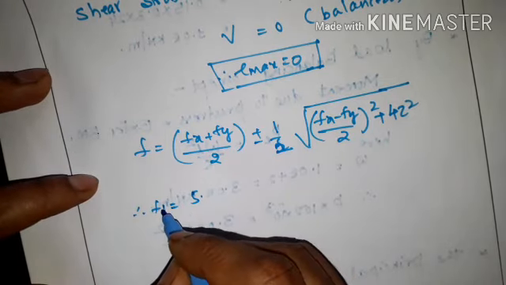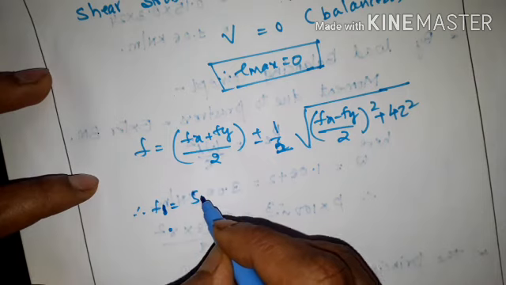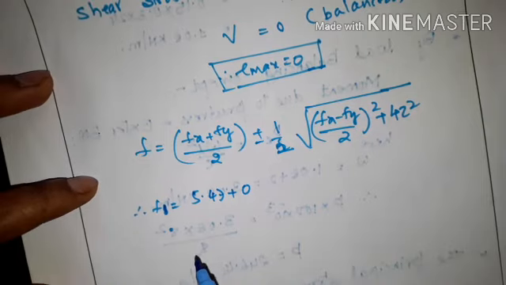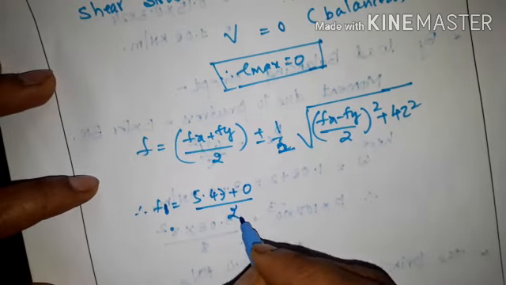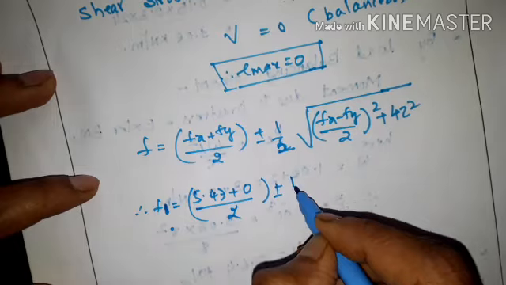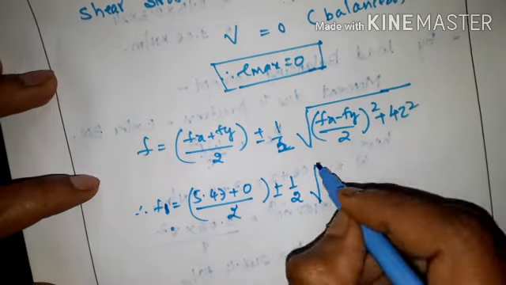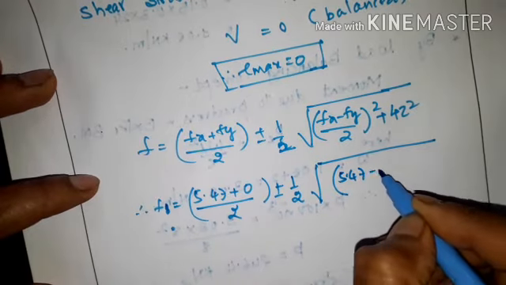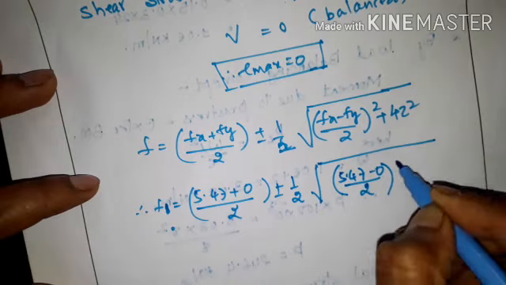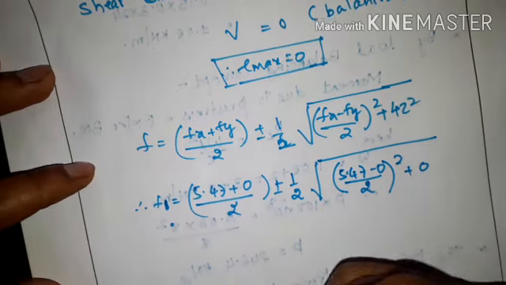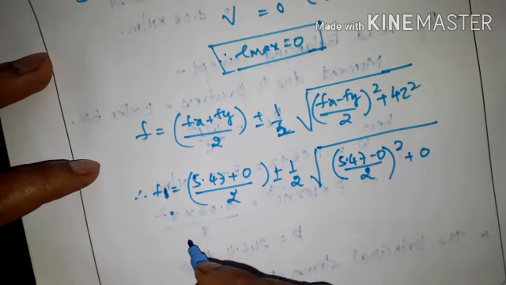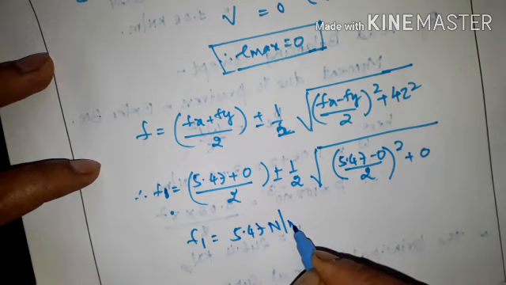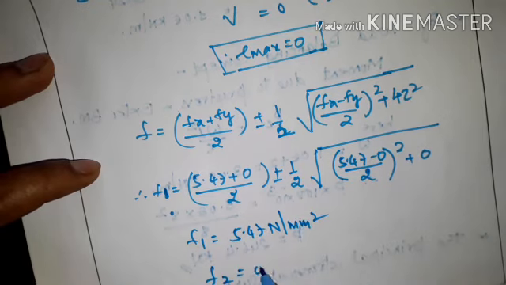I will substitute here: 5.47 plus Fy, which is 0, divided by 2, plus or minus half of the square root of (5.47 minus Fy, which is 0, divided by 2) square plus 0, because tau is 0 here. So we will get F1 and F2. F1 is 5.47 Newton per mm square and F2 is 0.